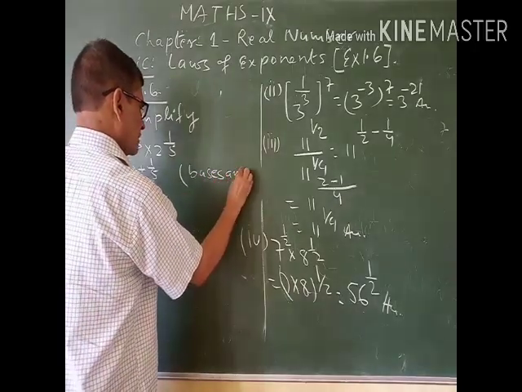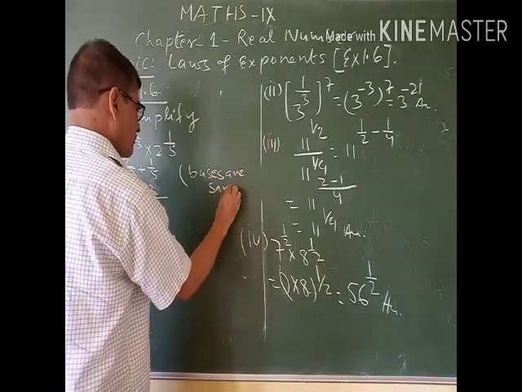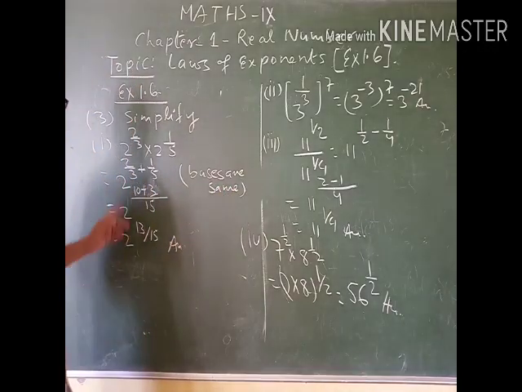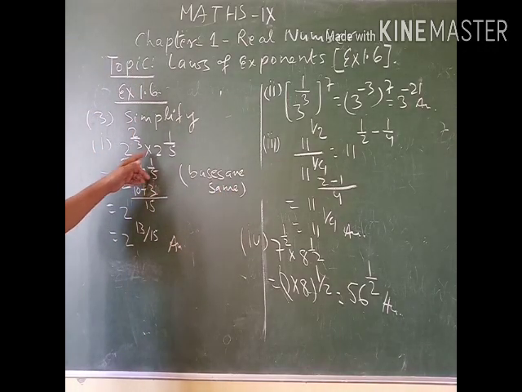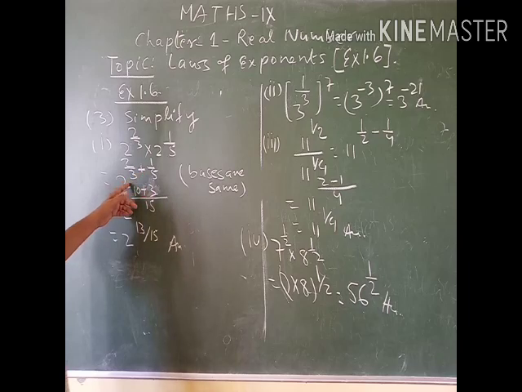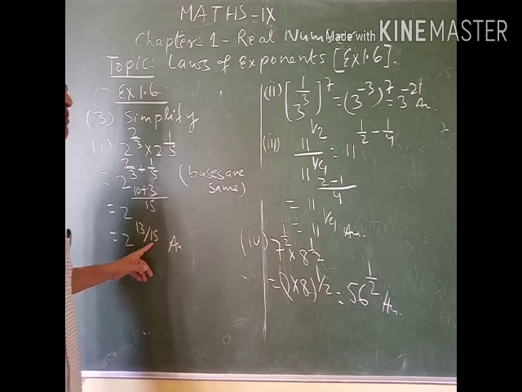Bases are same, it is a product, therefore power should be added, exponent should be added, and this will be equal to 2 to the power 10 plus 3 by 15, and you will get 2 to the power 13 by 15. This will be your answer.